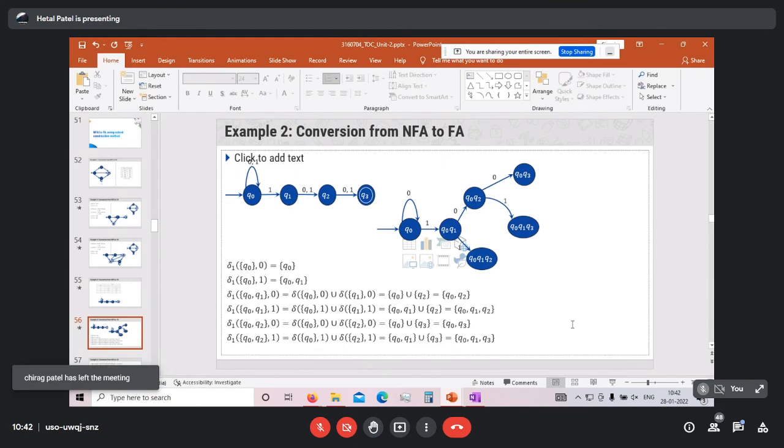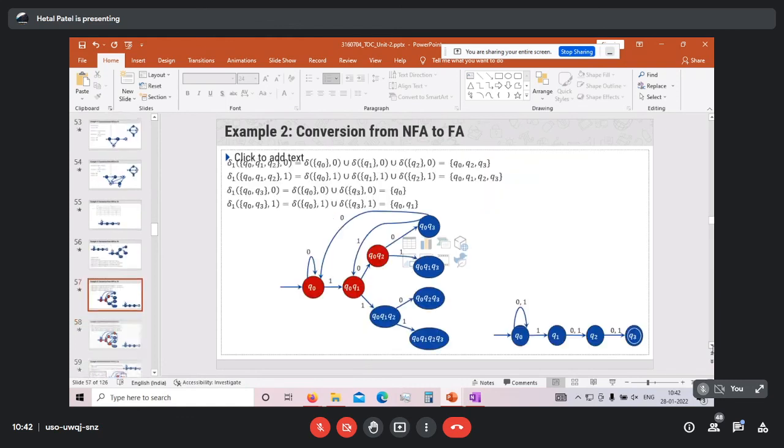Are you getting this number of states? Just check out your answers. That's nice. Complete your DFA.